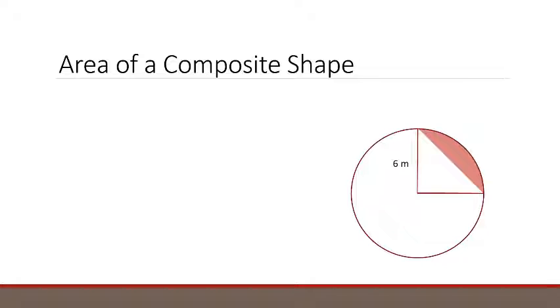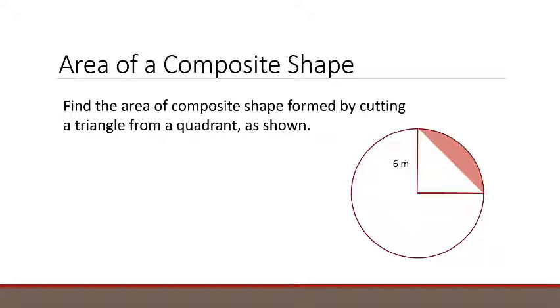Now let's have a look at a composite shape. This composite shape is made up of a quadrant, and we've taken away a triangle. It's a right-angled triangle. Now we know how to find the area of both of those, so we can subtract to find the area of this very thin shape, which is a segment of a circle.